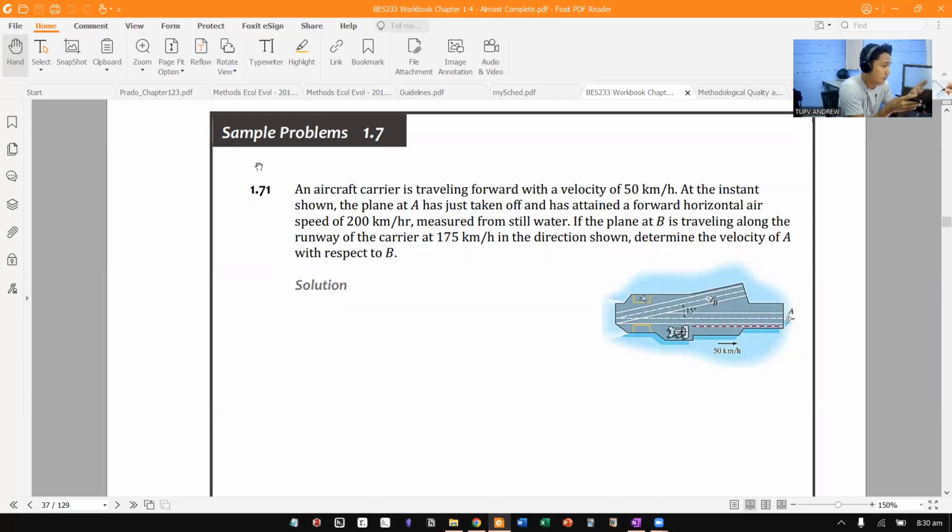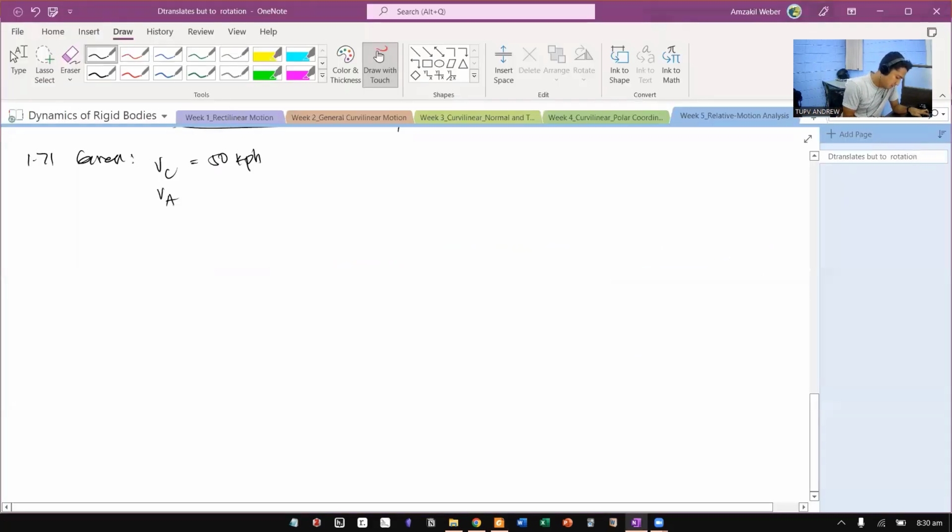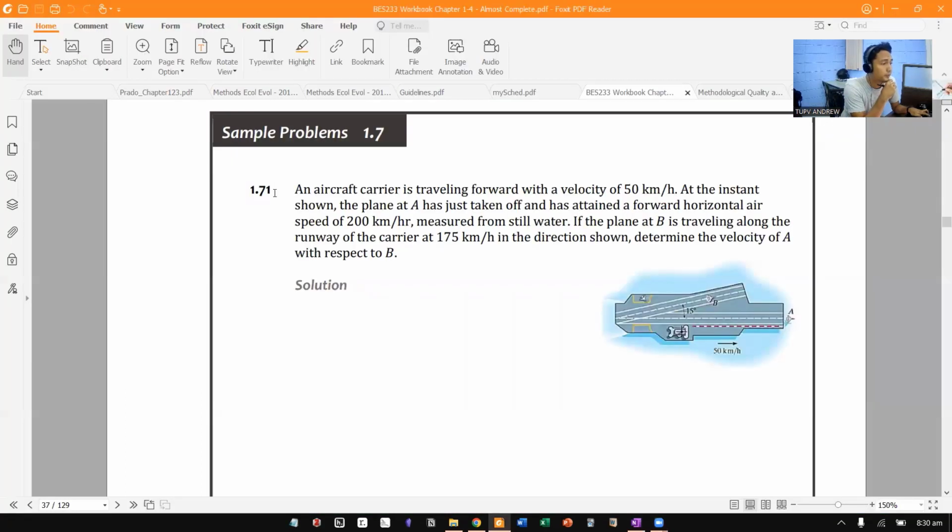But since it says 200 km per hour is measured from still water, it means it is with respect to the water, meaning it is also absolute. That's plane A, 200 km per hour.